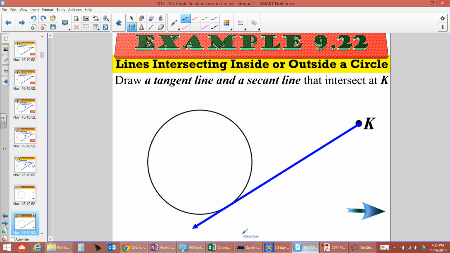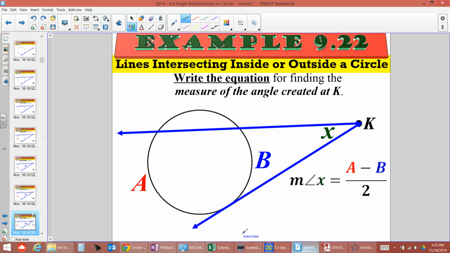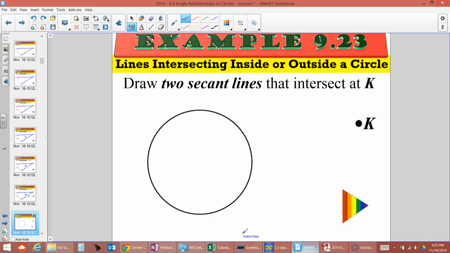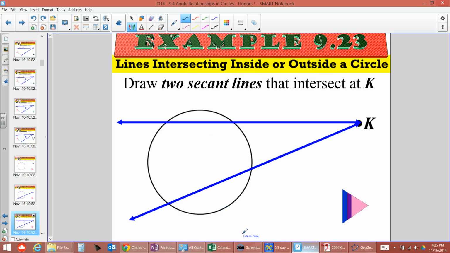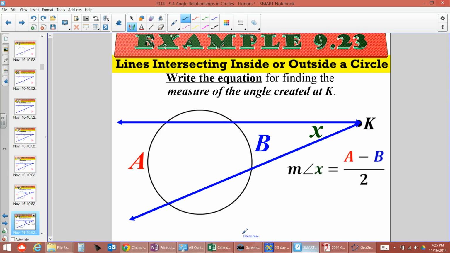We're going to do the same thing with a tangent line and a secant line. Label it as A, B, and X. Then you're going to write down the equation. You can pause the video whenever you need to make sure you're caught up on the notes, because we're going to go fast. So now you're going to do the same thing with secant lines. Secant, label one A, label one B, label the angle X, write the equation.